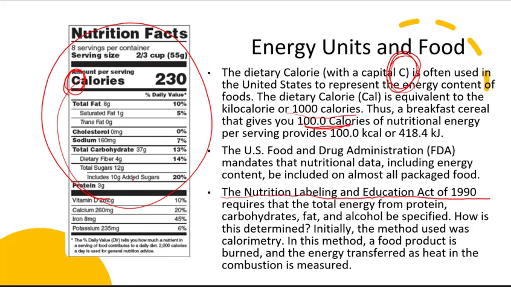How is it determined? Well, initially, the method used was calorimetry, which we will be doing later in this class. In that method, we take a food product, we burn it, and the energy that's transferred as heat in the combustion is measured. And we're able to then calculate how much energy that food product has.